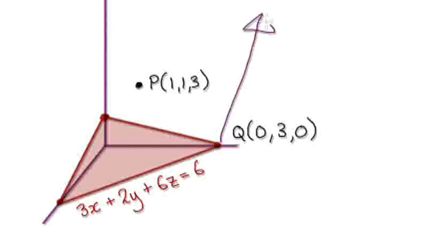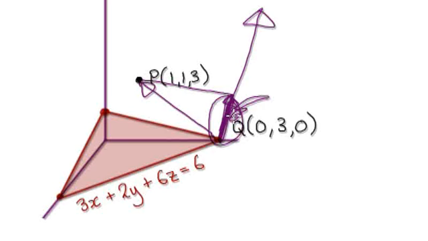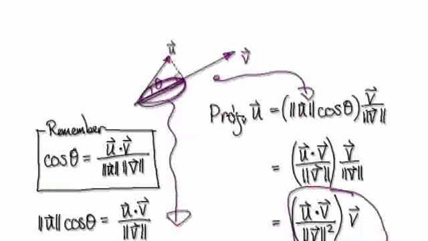This is our normal vector, and this is our vector QP. When you project it on here, because we want to know the shortest distance, we only care about the scalar quantity. We don't care about the direction.